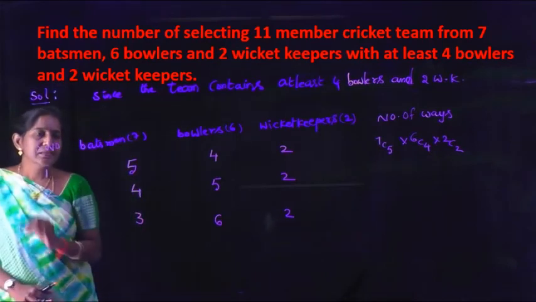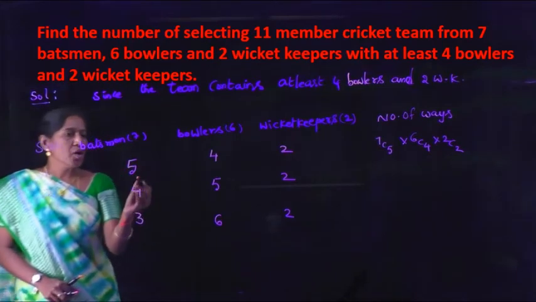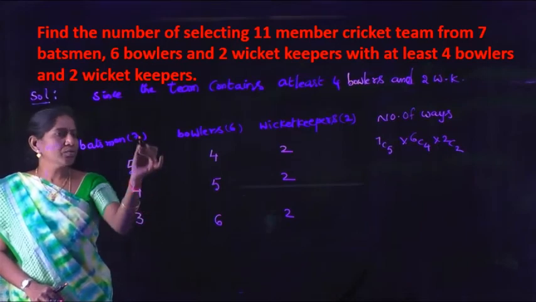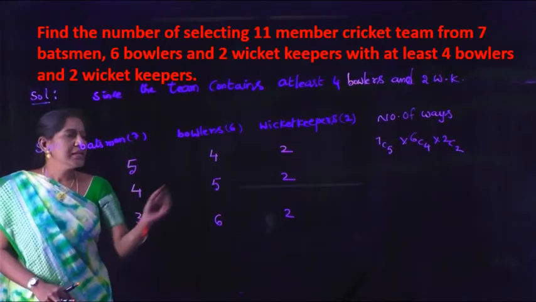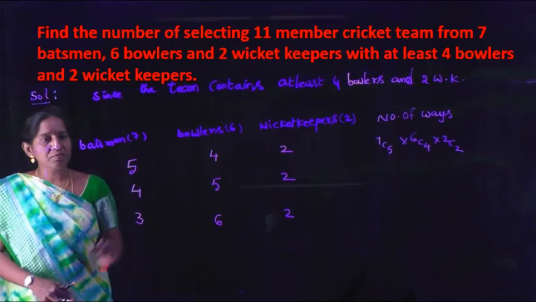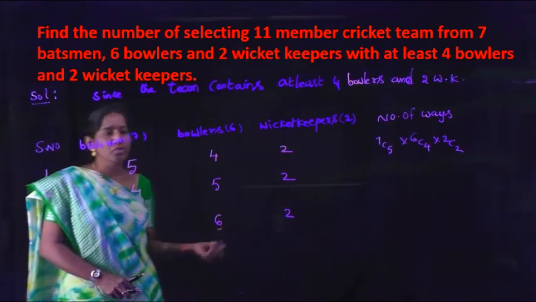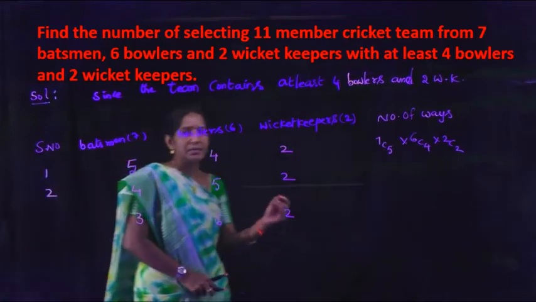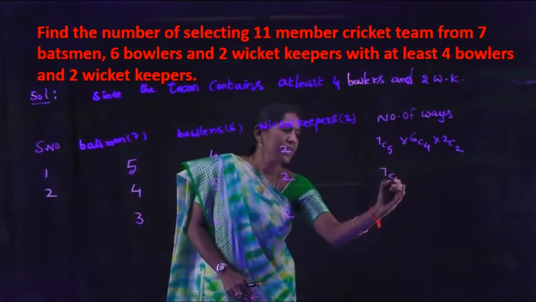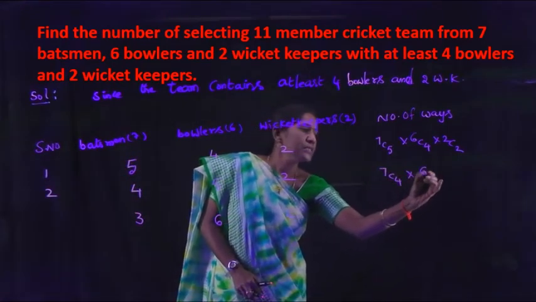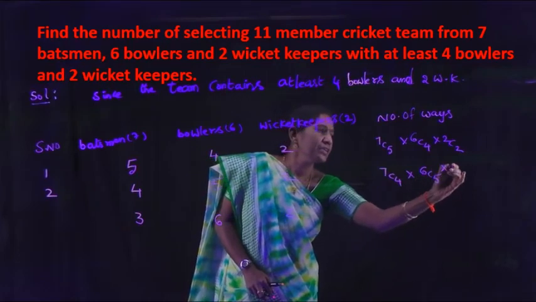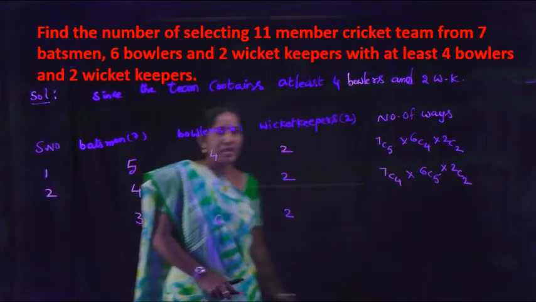And second type is select 4 batsmen out of 7 batsmen and 5 bowlers out of 6 bowlers and 2 wicket keepers out of 2 wicket keepers can be done 7C4 into 6C5 into 2C2 ways.